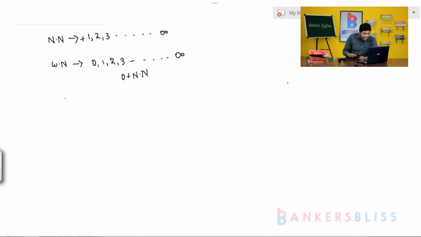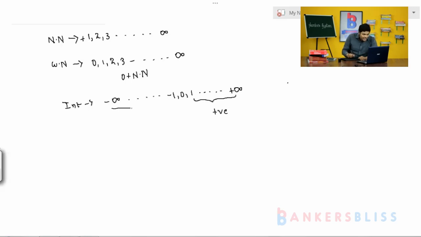Next, you have integers. Integers go from minus infinity, so minus 1, 0, plus 1, till plus infinity, including 0. One thing you have to concentrate on here: plus 1 to plus infinity is called positive numbers.